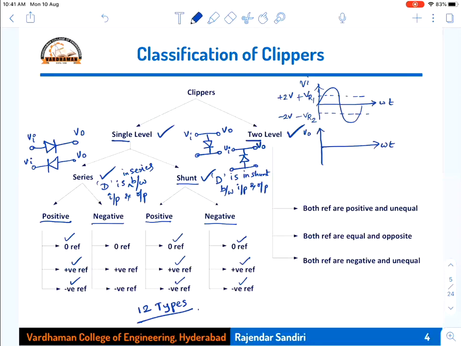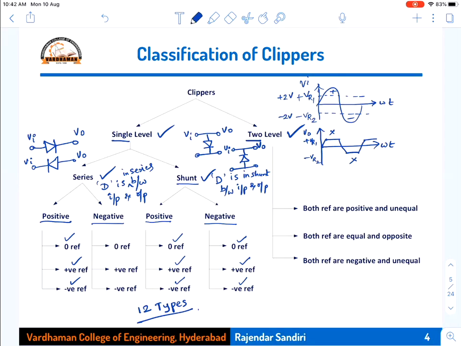In the output waveform VO, anything above plus VR1 is clipped off, and anything below minus VR2 is clipped off. That means in both directions, positive side and negative side, it is clipped off. So that's what we call a two-level clipper. The output will be only up to here. This side it is clipped off, this side it is clipped off, above plus VR1 and below minus VR2.